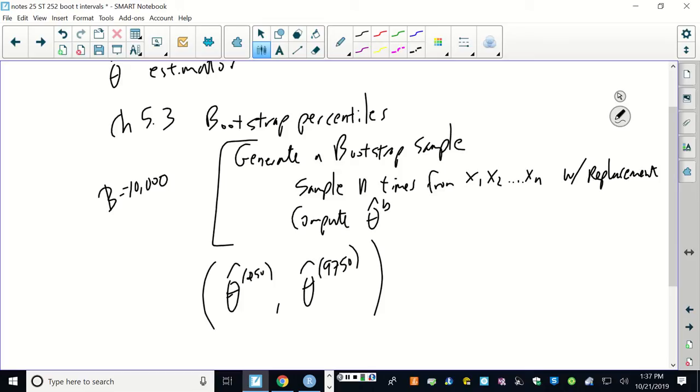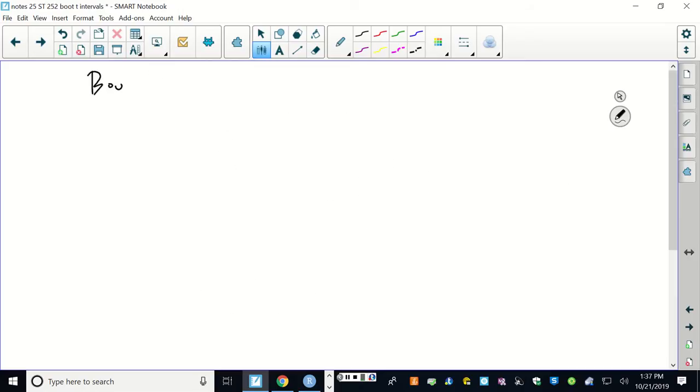Another way to use this bootstrap sample would be to just estimate the standard error and then mimic what we do with the t-distribution. So a second one would be to use the bootstrap standard error and essentially report theta hat plus or minus a t-value.